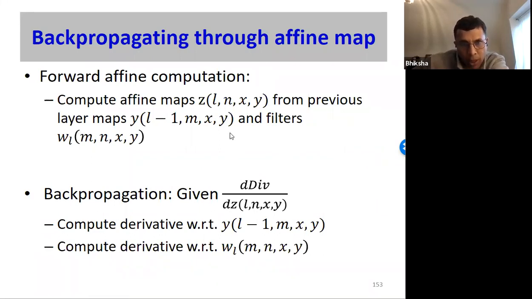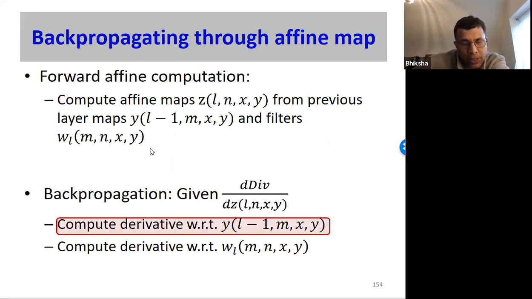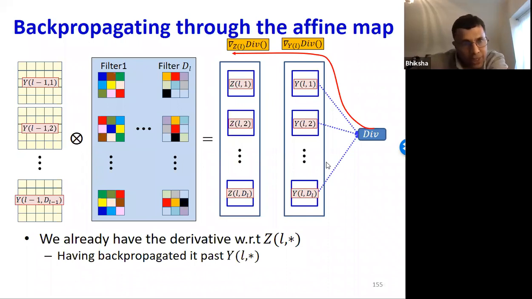So in the backprop, you're given the derivatives with respect to the lth layer affine maps. We have to compute the derivatives with respect to the outputs of the previous layer and the filters. And this is what we got to figure out. So again, breaking the problem down, let's first see how we can compute the derivatives with respect to the output of the previous layer. I'm going to spend a little time on this, the 5 minutes over.